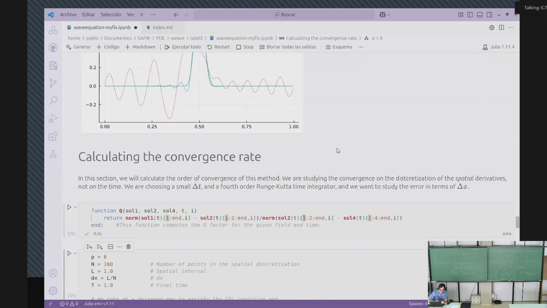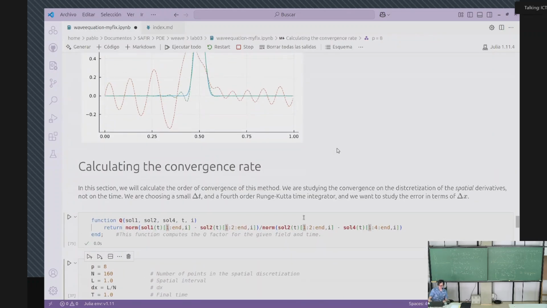In this case, we are also going to calculate the Q as we did before. The difference is that before we were talking about the time integration. Right now we are talking about the spatial discretization. So what we are going to modify is not delta t, it is delta x.